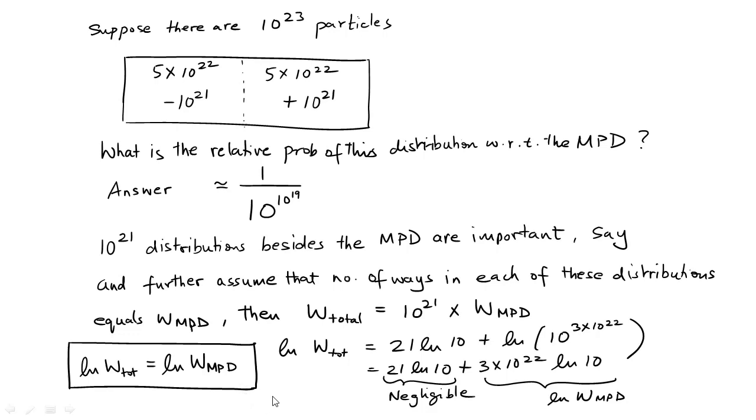In conclusion, for a large number of particles, the log of the total number of ways is equal to the log of the number of ways in the most probable distribution. So, to calculate the entropy, it is good enough to just count the number of ways in the most probable distribution. In the next lecture, we will see why this idea is so helpful. See you for the next lecture.